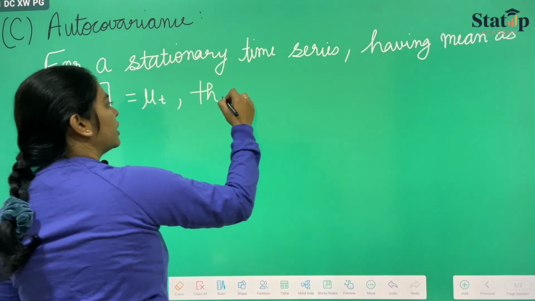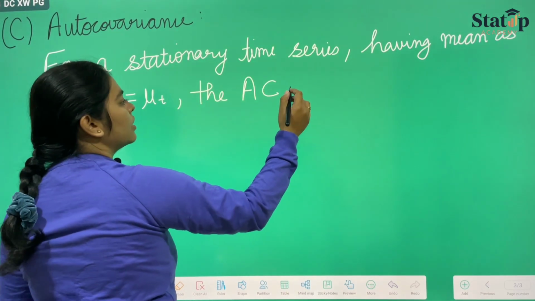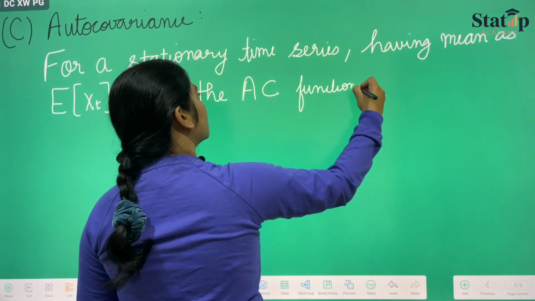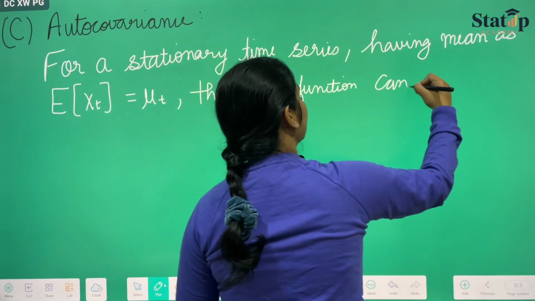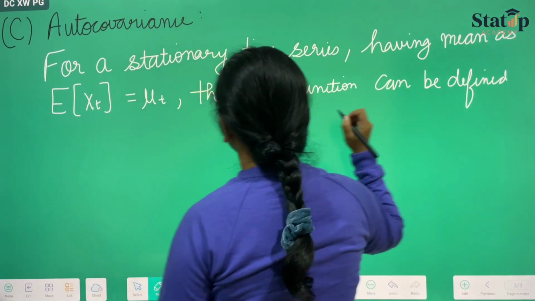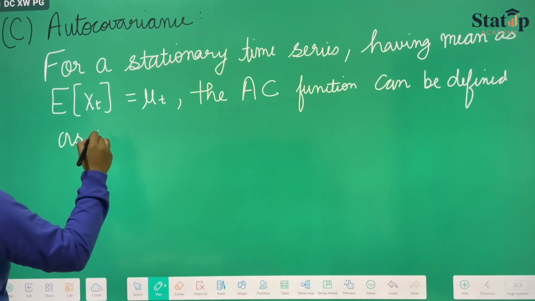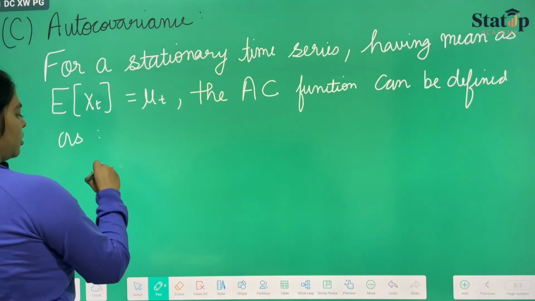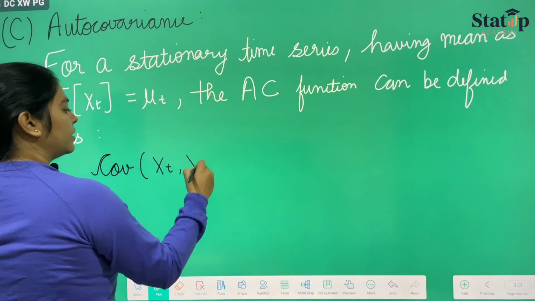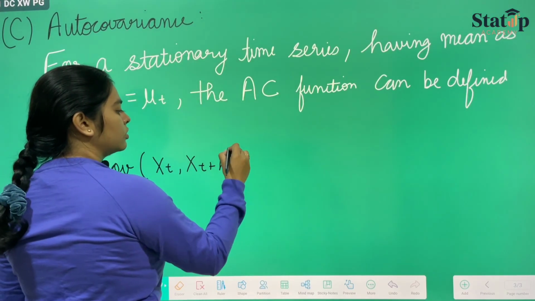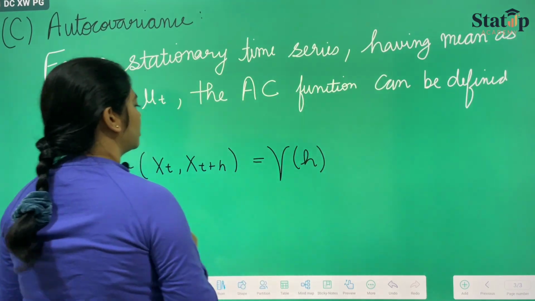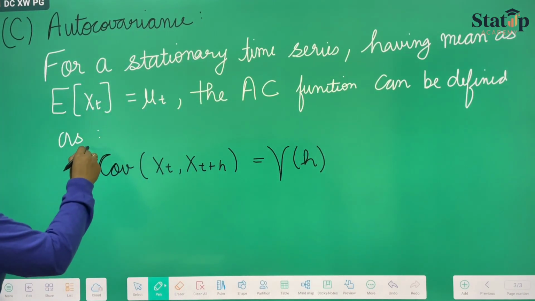The autocovariance function can be defined as the covariance between xt and xt plus h, equals gamma h. So this is the autocovariance function.